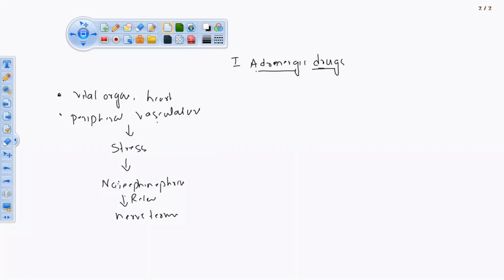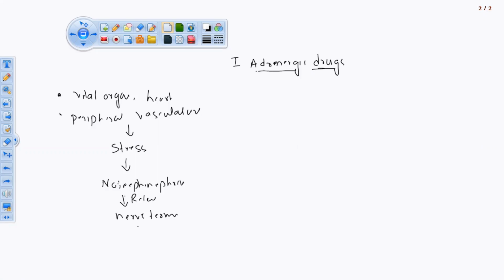So the adrenergic system is controlled when the person is in stress. When the person is stressed, this system will release norepinephrine, released from the nerve terminals.